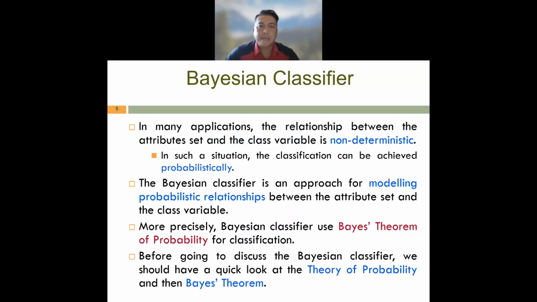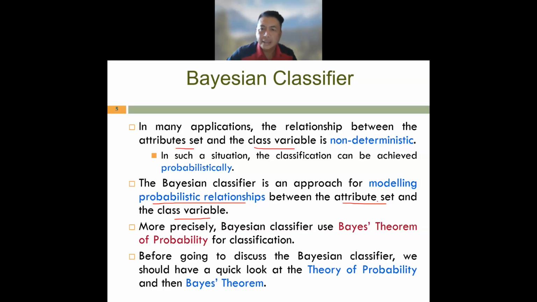Like I mentioned just now, in many applications the relationship between the attribute set and the class variable is non-deterministic, so we can use the probabilistic approach. The Bayesian classifier is an approach for modeling the probabilistic relation between the attribute set and the class variable.